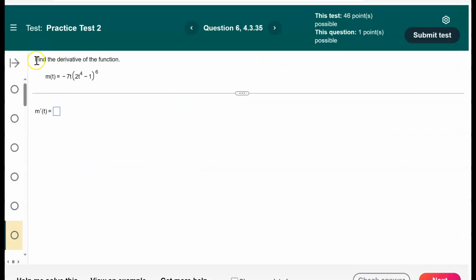Right, for the next problem, we are to find the derivative of the function here. Now, before you proceed, make sure to look at this expression here twice, and notice that this one contains a variable t, and this expression also contains a variable t. So that means that we are to use the product rule in this case.